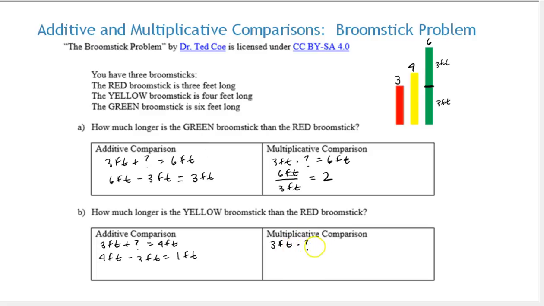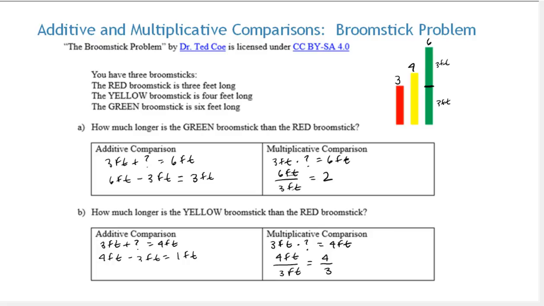So how many copies of 3 feet give us 4 feet? And now we'll write this as a ratio. 4 feet over 3 feet equals 4/3. So the yellow broomstick is 4/3 times as large as the red broomstick.